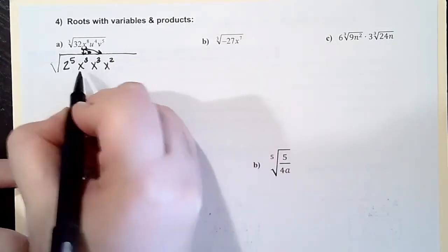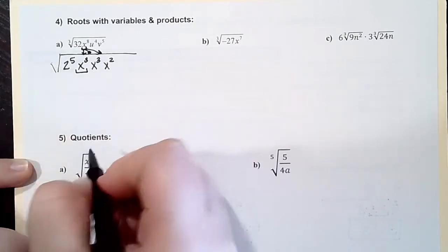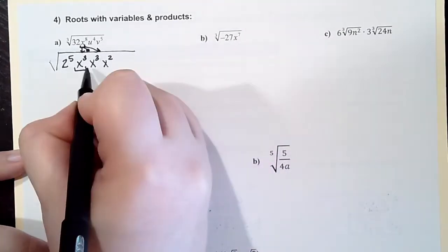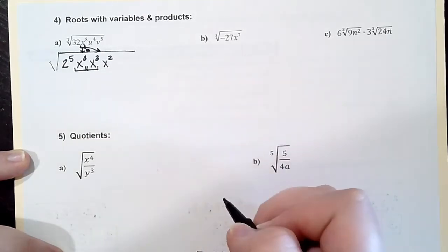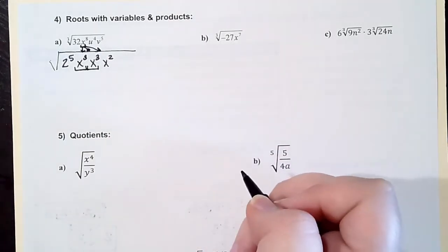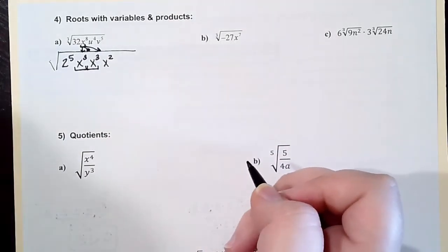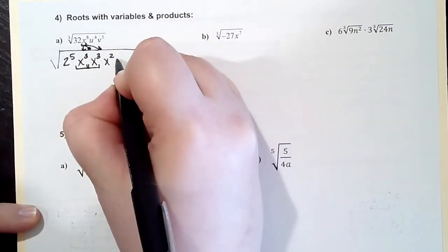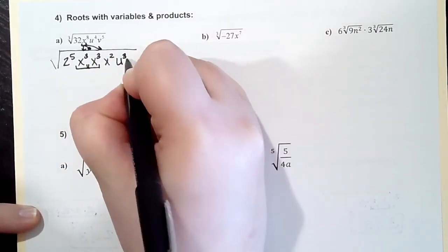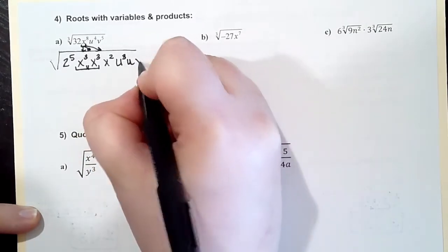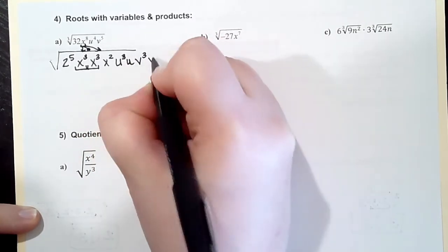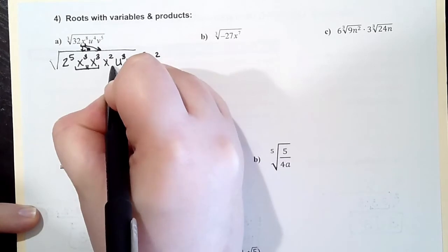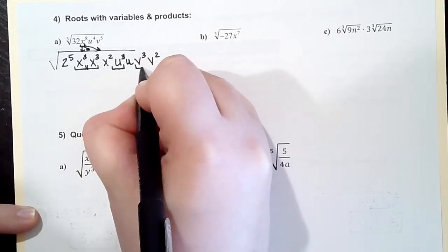And what that allows me to do is see that I have a trio here that I'm going to pull out, and those are just going to become x's on the outside of my radical. Same thing with my u and my v. u^4 will end up being u^3 times u. v^5 will end up being v^3 times v squared. And I can pull out anything with an exponent of 3.